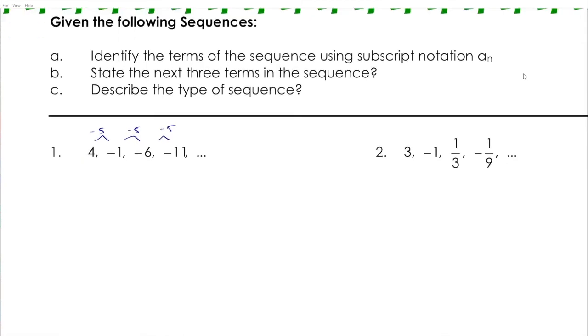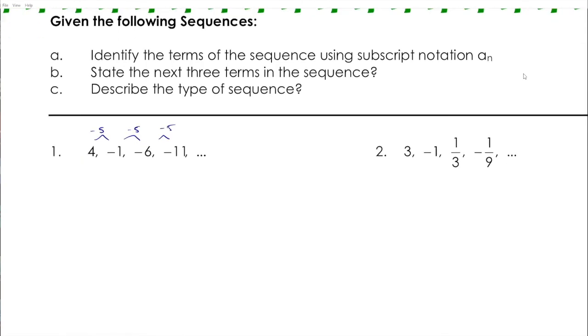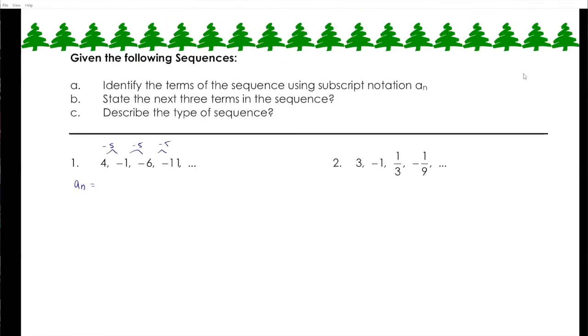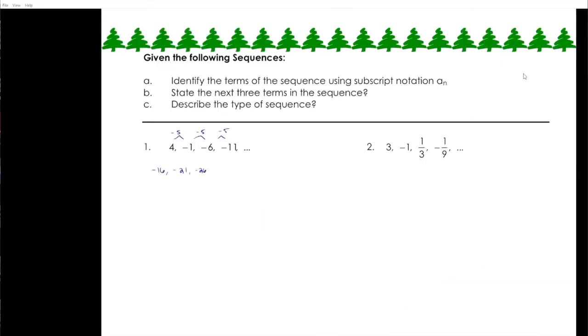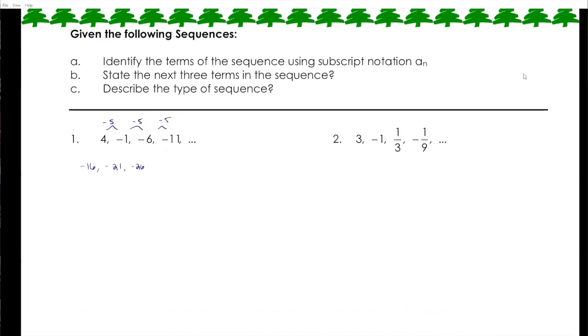So we could say a sub 1 is our first number, 4 minus 1. So our next 3 terms would be, if we keep subtracting, negative 16, negative 21, and negative 26. And because this has a common difference, this is an arithmetic sequence.